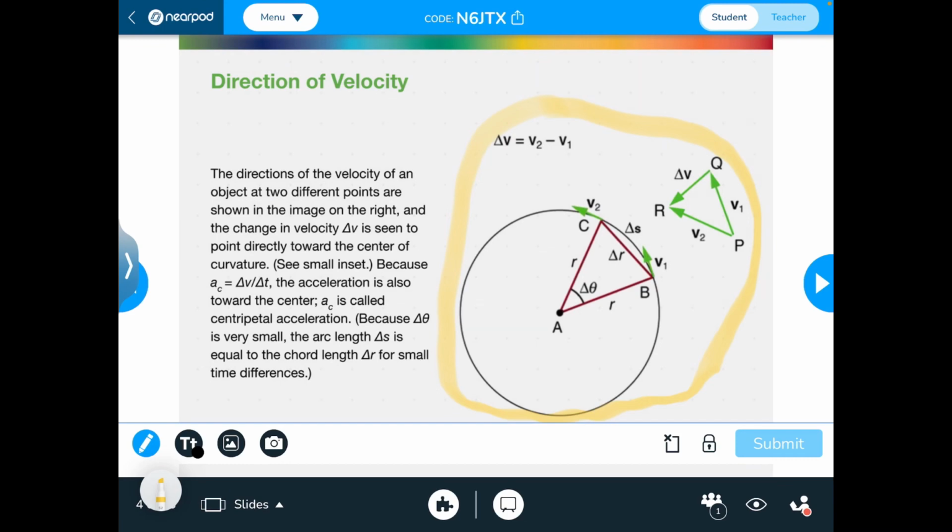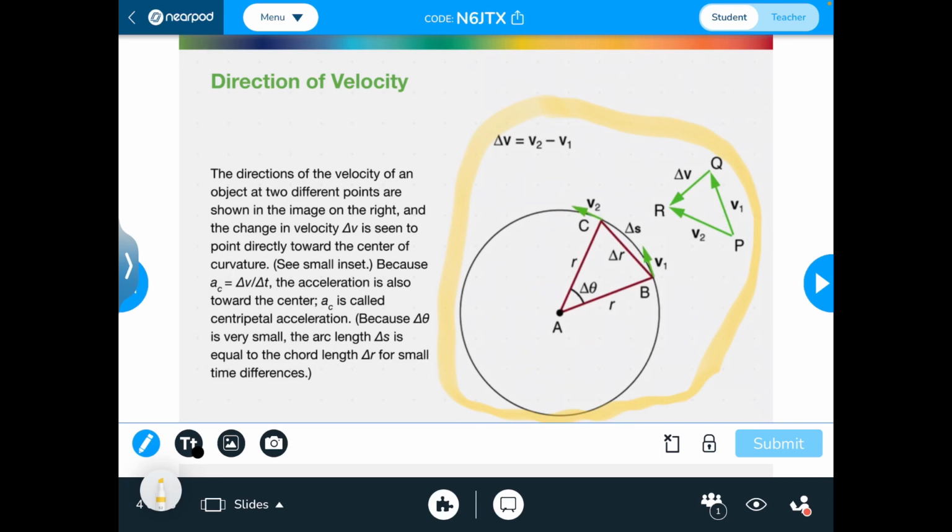So in this case, the object might have the same velocity, right? It might be rotating with the same linear, or say tangential, velocity, but it also has an acceleration occurring.